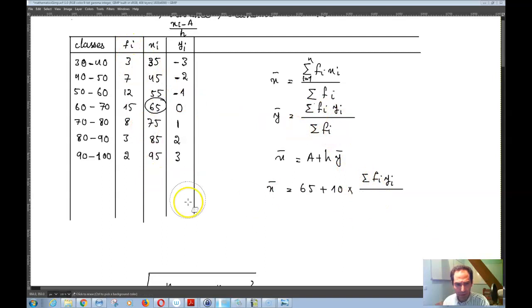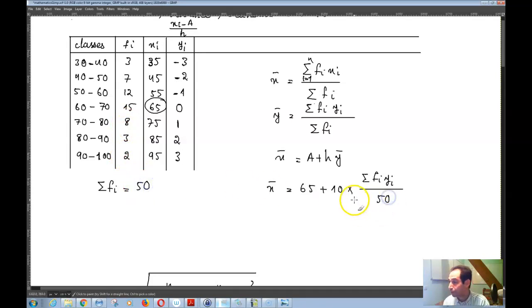Now over here sigma f of i is equal to what? Over here sigma f of i is equal to 10 plus 22, 32, 37, 40, 50. So it's 50.